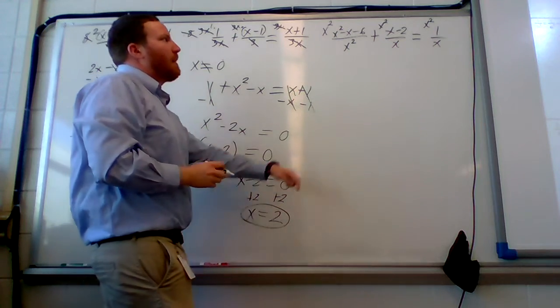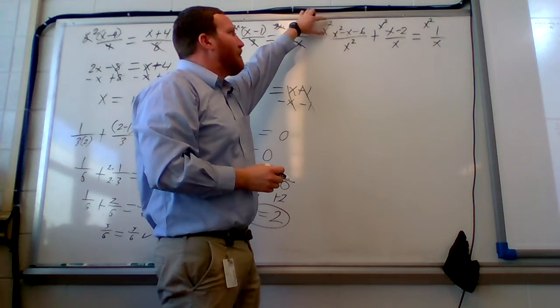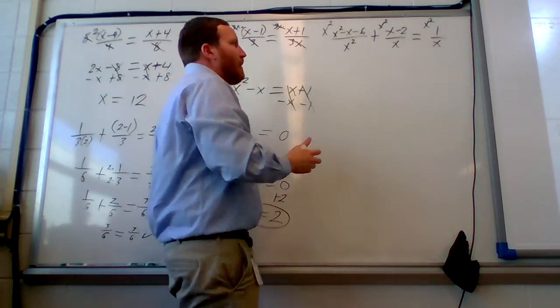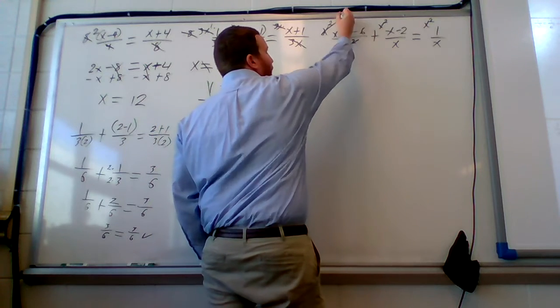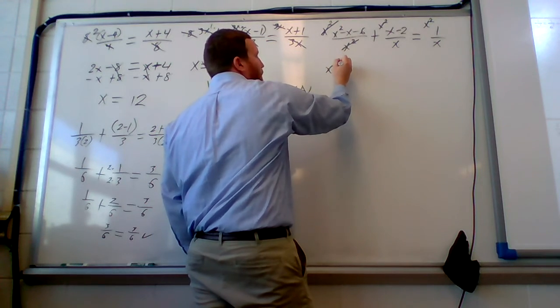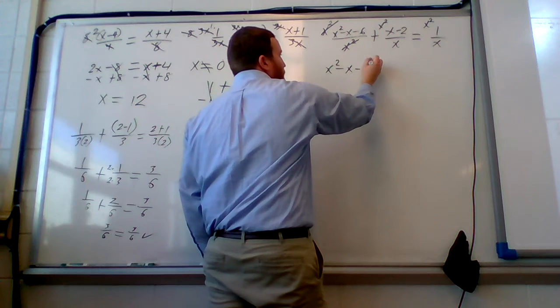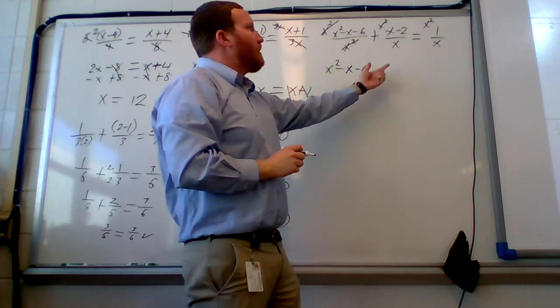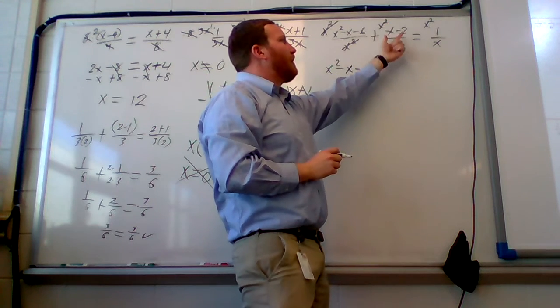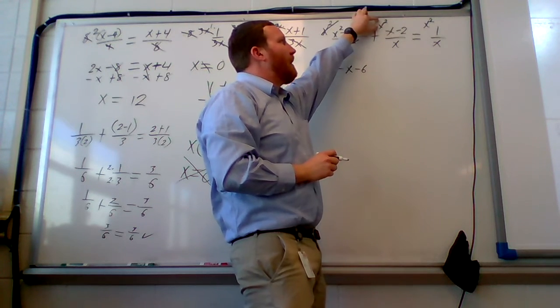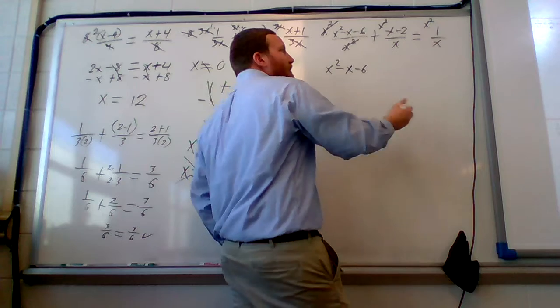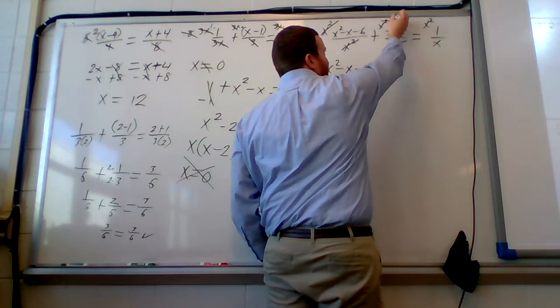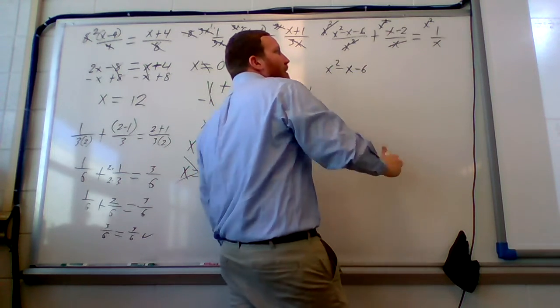So in this case, I have x squared divided by x squared. Those two things cancel each other out, and I'm just left with my numerator, x squared minus x. On the second term, x squared divided by x is going to leave me with just an x on top. It's going to get rid of that squared part.